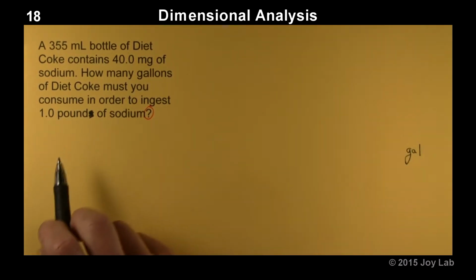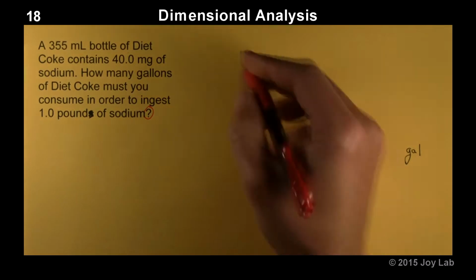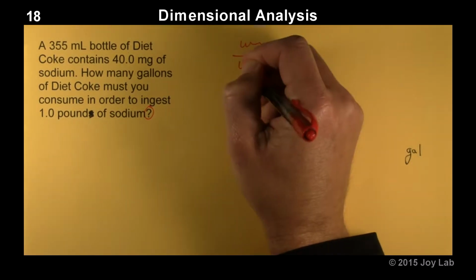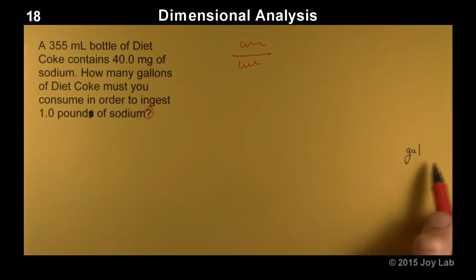Okay. So now the trick becomes, where do we start? So remember our rule of thumb. Some time ago we talked about how do we know when to start? Well, if your answer is something per something, then you're going to start with something per something. In this case, we're just gallons, so it's not something per something.